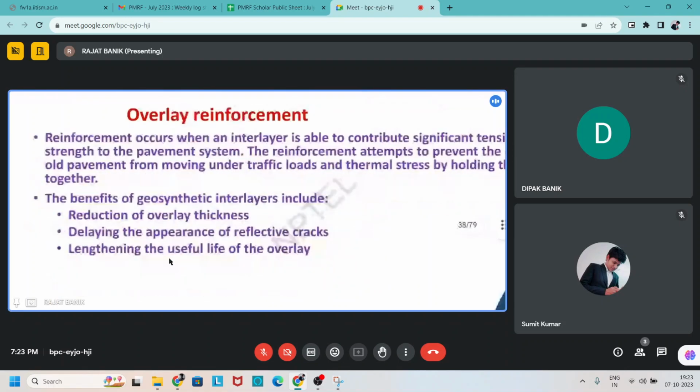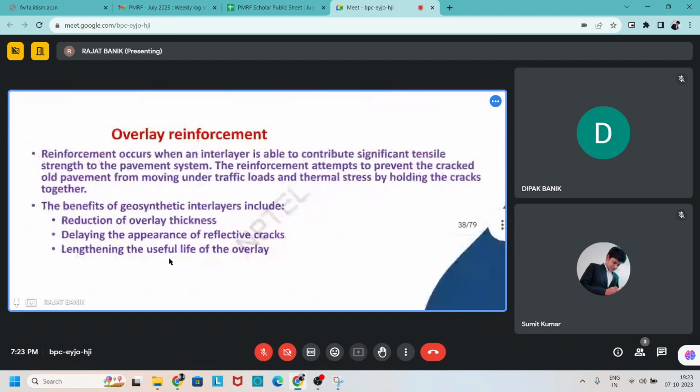Now, overlay reinforcement. Reinforcement occurs when an overlay is able to contribute significant tensile strength to the pavement system. The reinforcement attempts to prevent the cracked old pavement from moving and propagating cracks throughout.